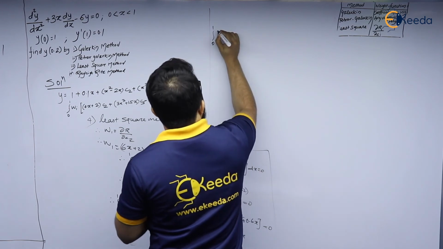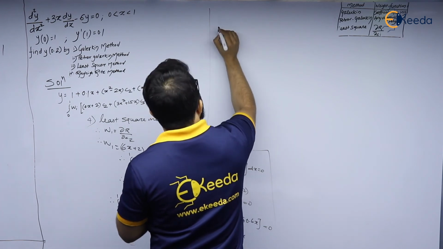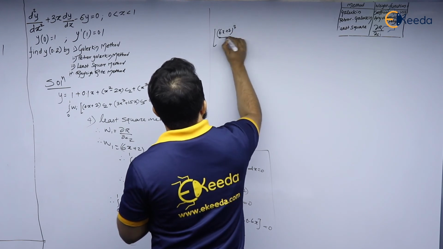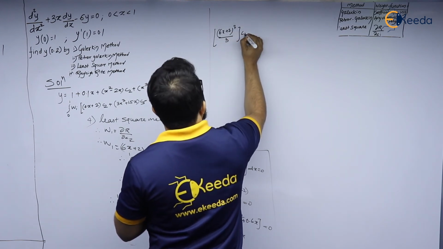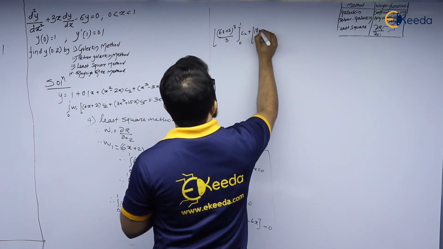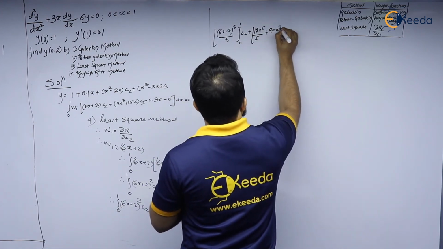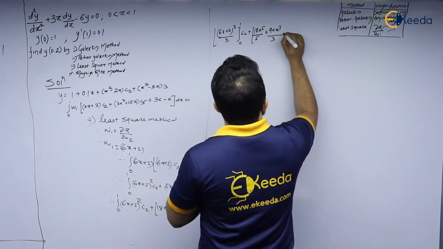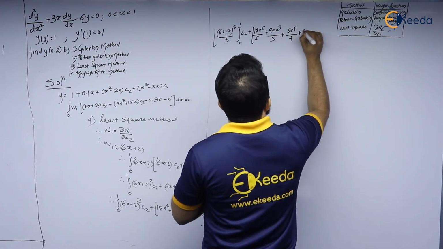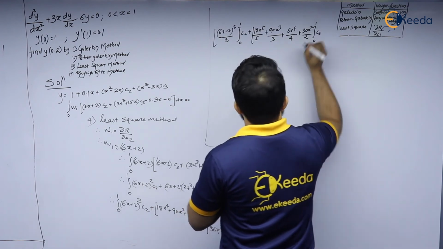So this becomes, I am integrating this term, so I will not write the integration formula. Directly this will be (6x+2)^3 upon 3 into C2, and our limit will be 0 to 1. Similarly, this becomes 18x^5 upon 5 plus 90x^3 upon 3 plus 6x^4 upon 4 plus 30x^2 upon 2 into C3, 0 to 1.